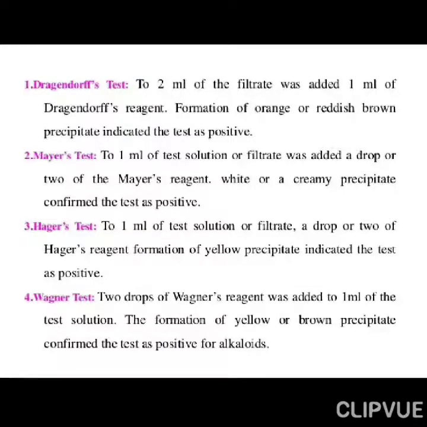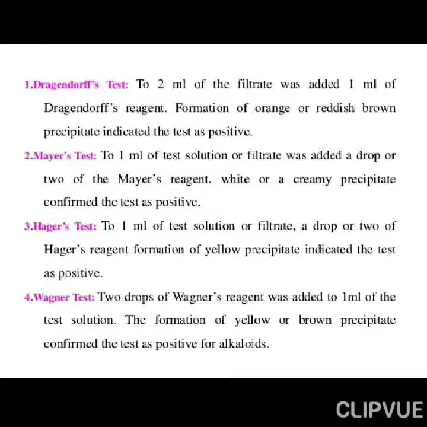Here are the 4 tests: Dragendorff's reagent test, Mayer's test, Hager's test and Wagner's test. All of you know that to 2 ml of the filtrate we prepared before, 1 ml of Dragendorff's reagent is added, and if you get an orange or reddish brown precipitate, it is positive. If 1 ml of the test solution filtrate is added with a drop or 2 of Mayer's reagent, a white or creamy precipitate confirms the test.